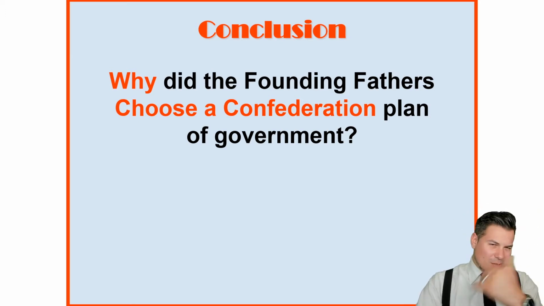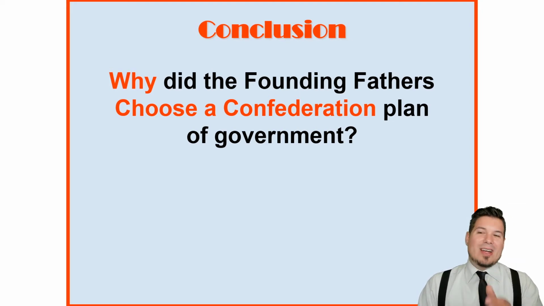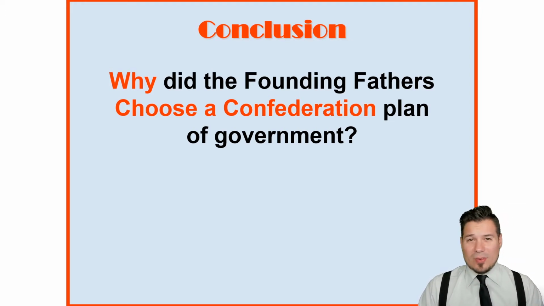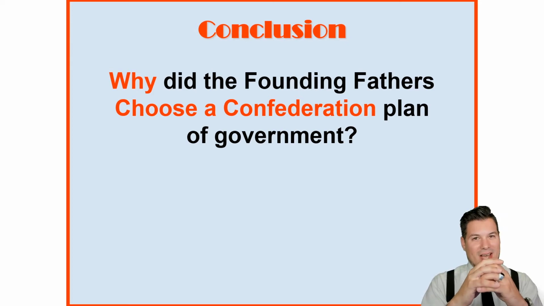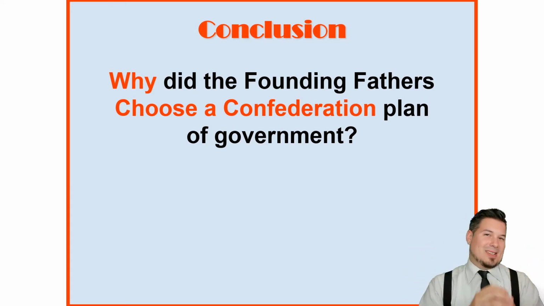Constitution. So back to the question I asked at the beginning, why did the Founding Fathers choose a Confederation plan of government? Why would they choose that there is not a big federal government with big power, but rather the states have the power and the federal government has little power? Exactly.